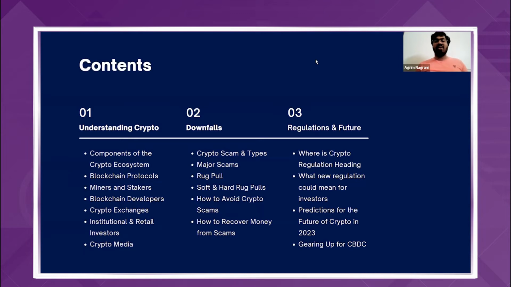After that, the third section, where we will be discussing the regulations and future of cryptocurrency. As we all know, in India, cryptocurrency regulations are not quite clear from the government, and there needs to be some more clarity so that people do not hesitate to invest and start trading or investing in cryptocurrency markets.